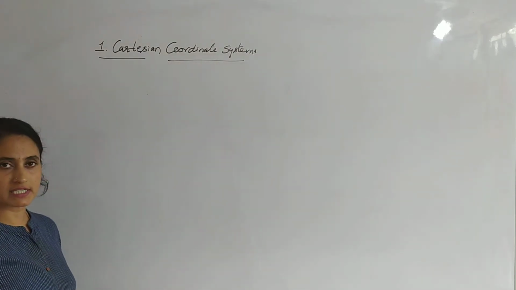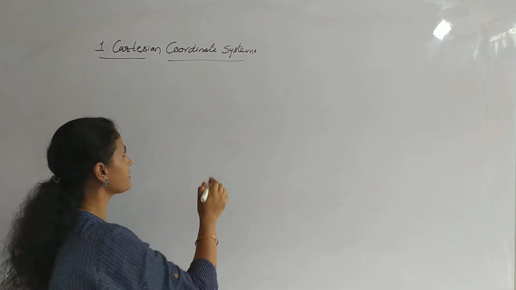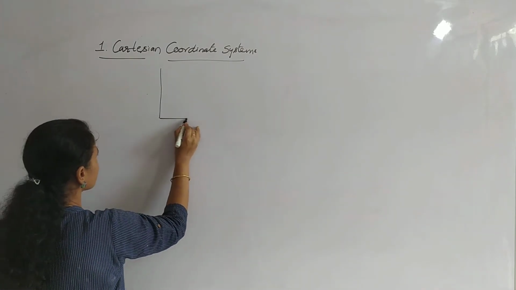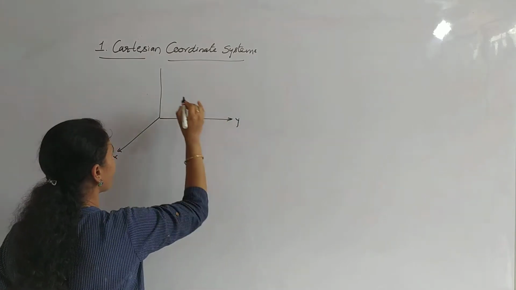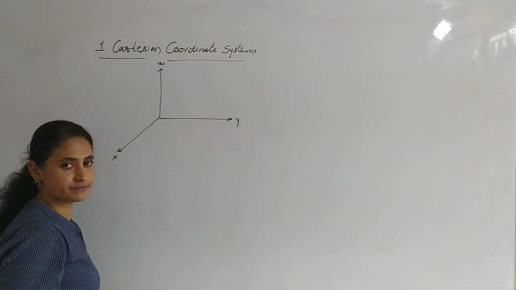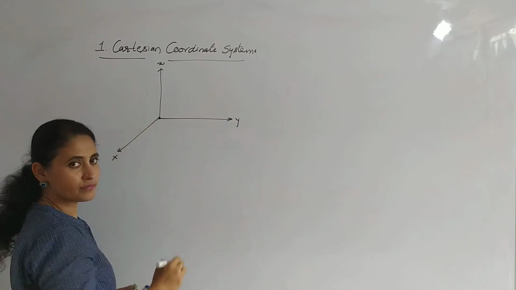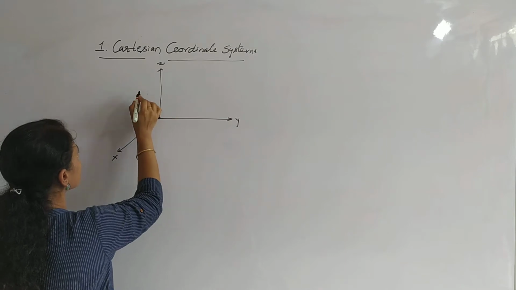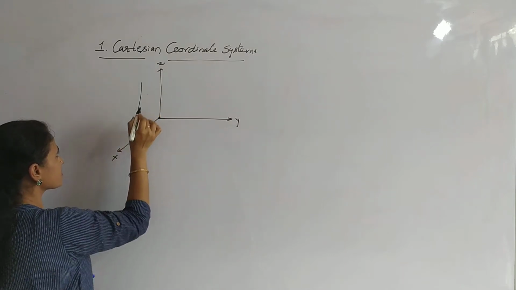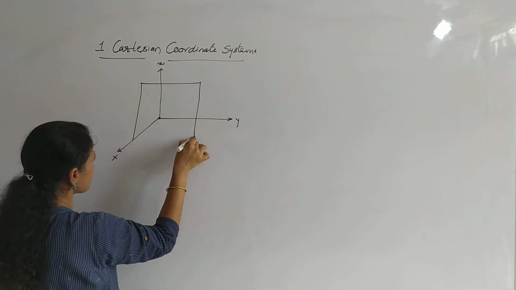Each of the coordinate systems has three coordinates: x, y and z. This is the origin. To measure these coordinates, let me assume one rectangular box, or you can say a cube.